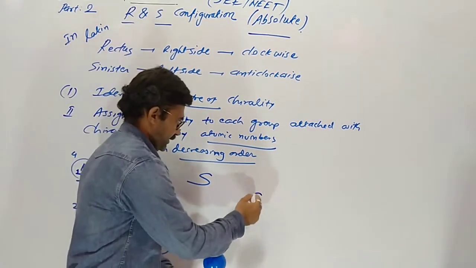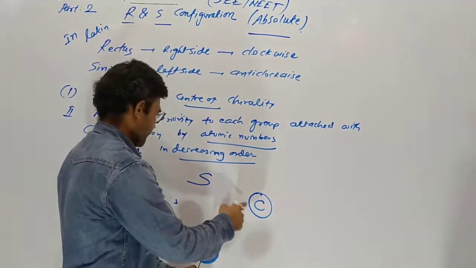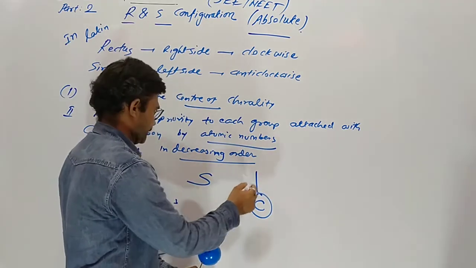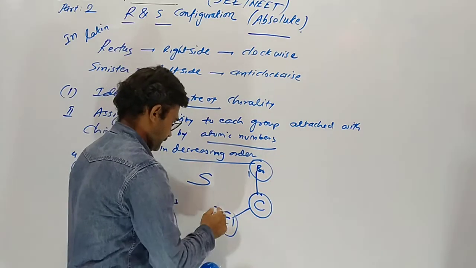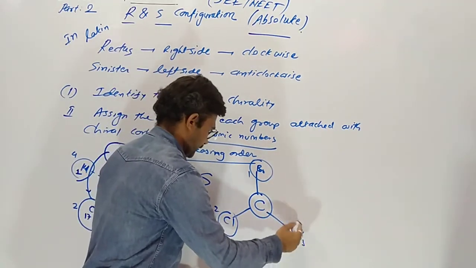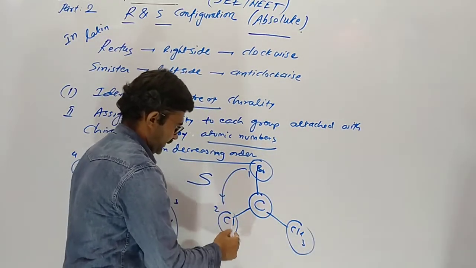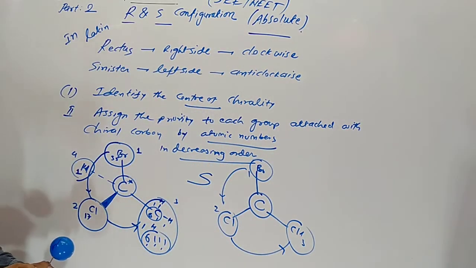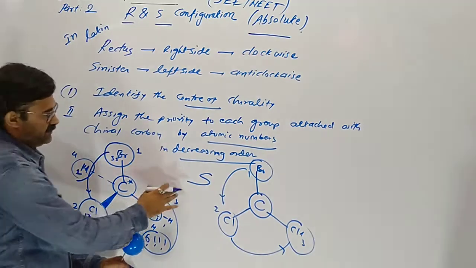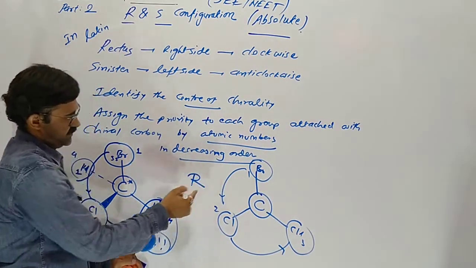When the hydrogen is behind the carbon and we take 2D, here bromine, chlorine and methyl, so we are moving 1, 2, 3 clockwise. So it is R.